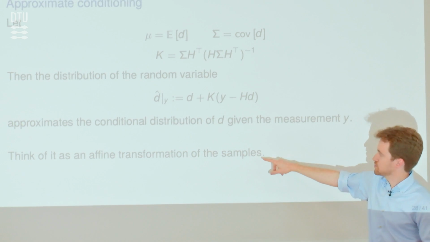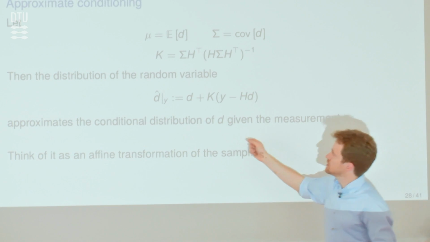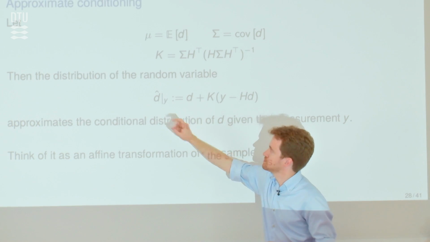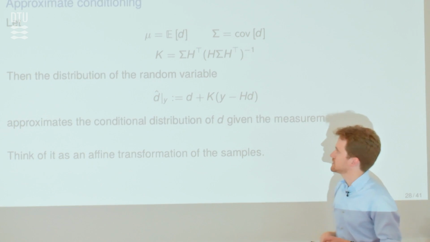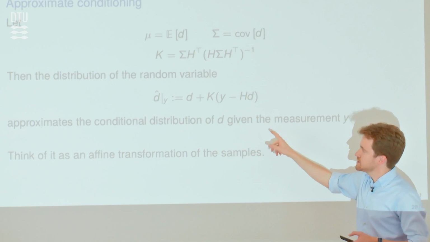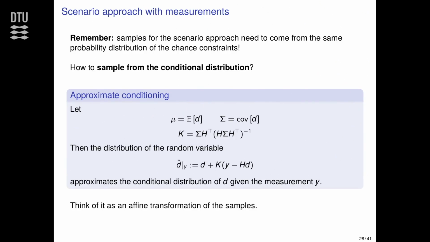Think of this as a transformation of the samples of d, right? If I give you a sample d for the power demand, I can compute this transformation here. It's an affine transformation once I also have the measurement. And this, importantly, is what I'm claiming, approximates the true conditional distribution of d given the measurement y. Okay?